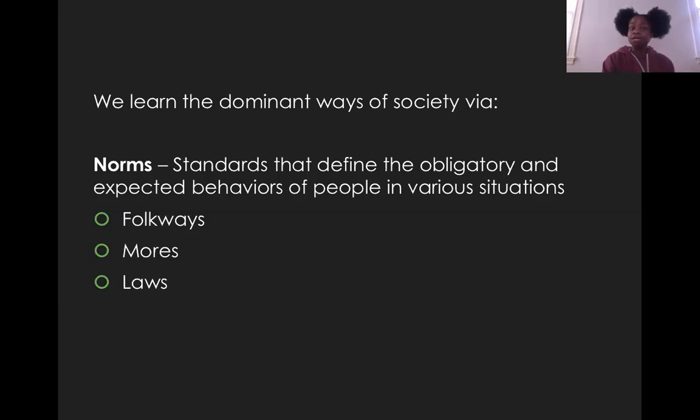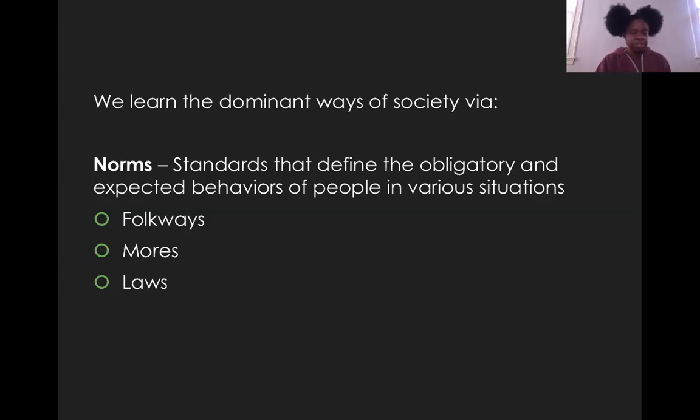Folkways are our least formal type of norms. These are norms that you should abide by. They're informal. They're the least formal, and we can also classify folkways as informal norms. They are not written down in society.